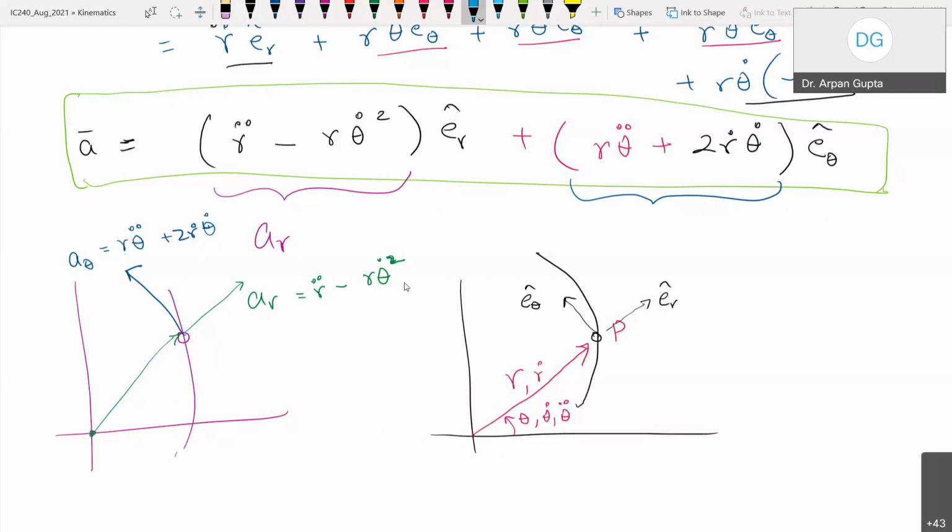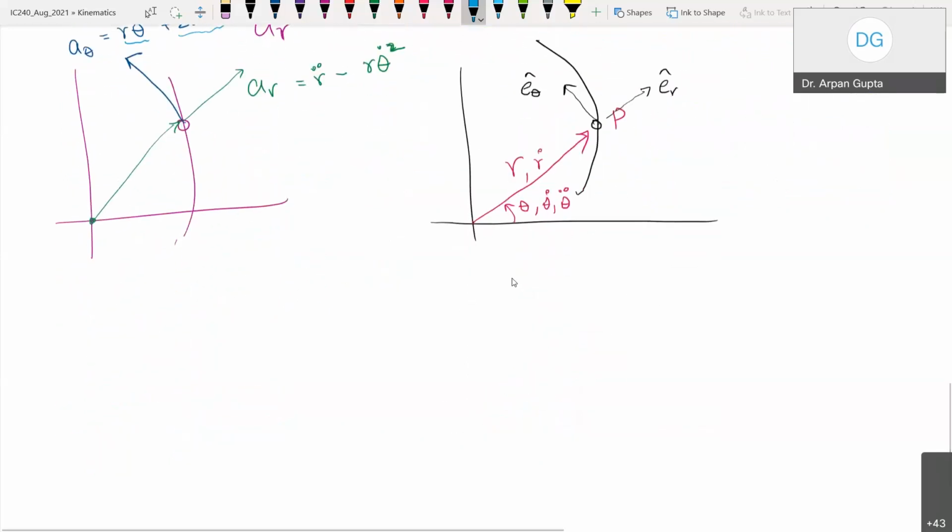So that is this one component. Now this is a new term, hopefully that you may not have seen before, and this is what is called Coriolis acceleration. And this is given as 2 times theta dot times r dot, right?